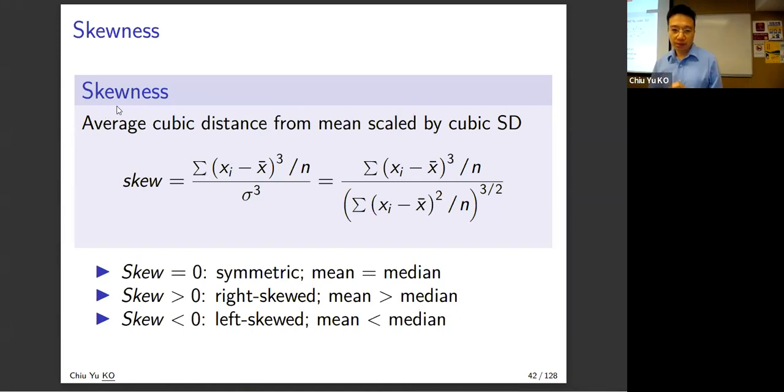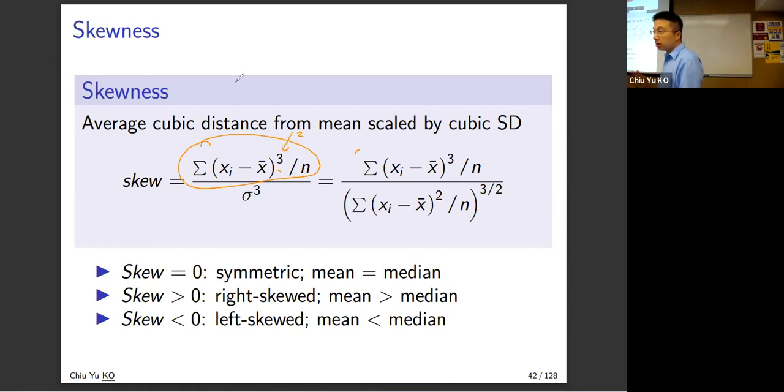Probably you cannot remember it, but notionally it's not difficult, because what they are doing is, look at the numerator. It's very similar to the variance, right? Variance is squared. Now you make it third power.